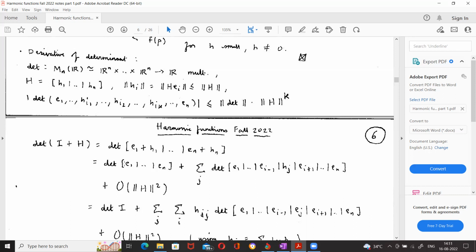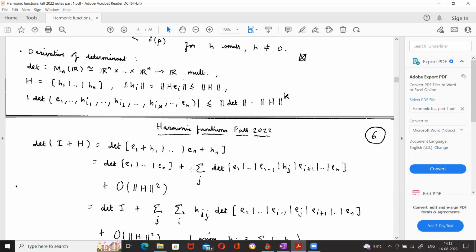Now I use the multilinearity and I expand this. I'm going to get 2 to the power n terms, since in each spot I have to choose either an Ei or an Hi. The first term is where I choose all the Ei's and there are no Hi's. That gives me the determinant of E1 to En.